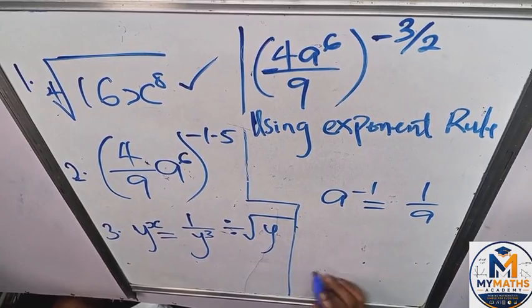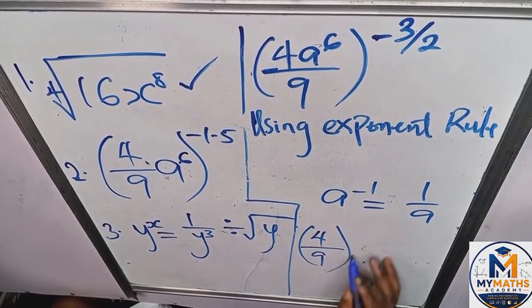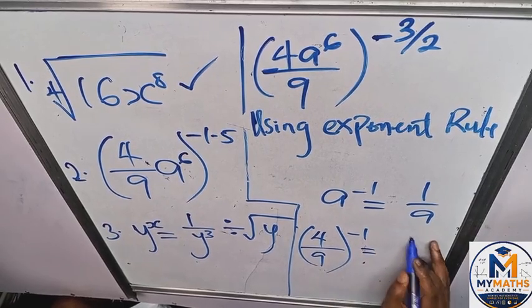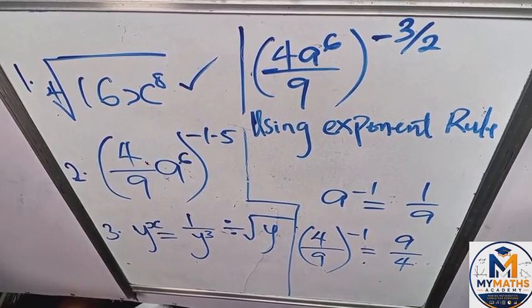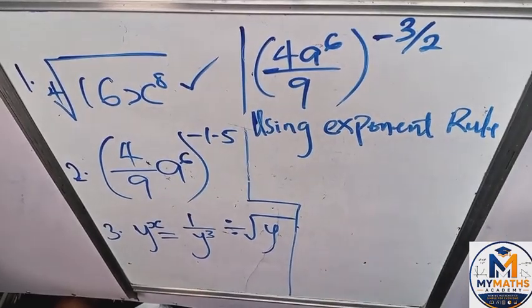Are we clear? If I have 4 all over 9, open and close the bracket, raised to power minus 1, then it is equal to 9 all over 4. That is what I mean by using the exponent rule.